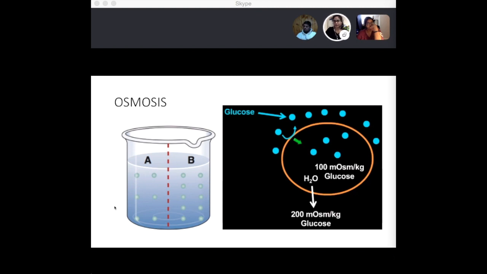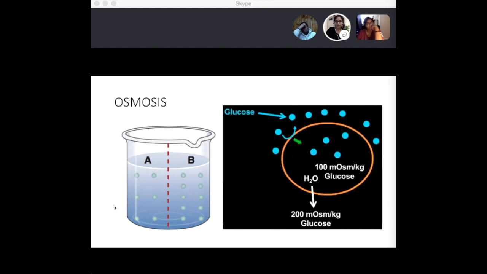And so side B, as we can see, has a greater concentration of the solutes, so the particles. And so it's therefore going to have a lower concentration of water compared to side A. And so, as we know, what would be the flow of water diffusion in the beaker?